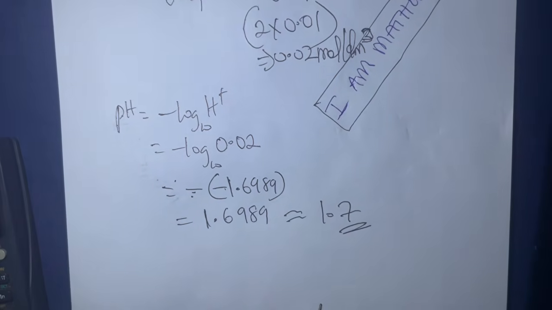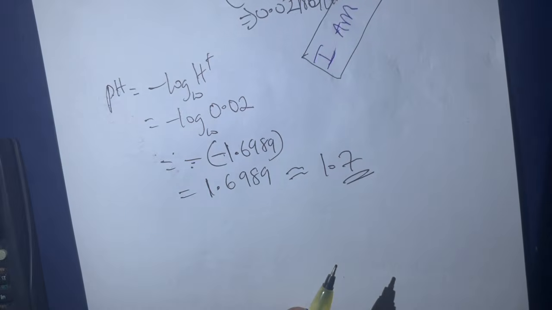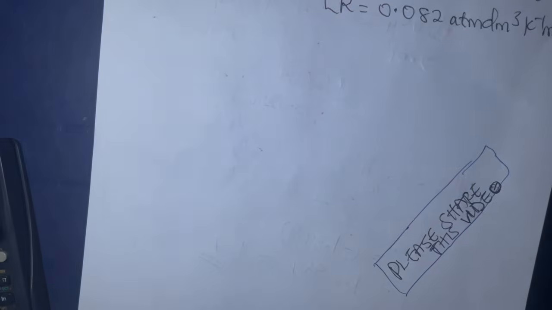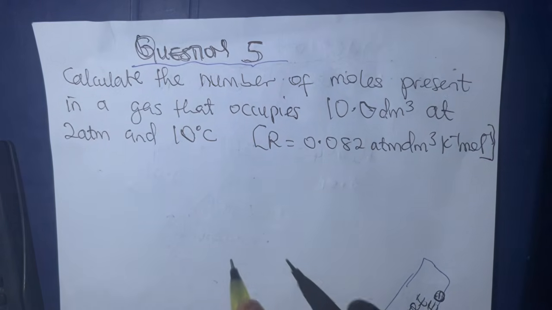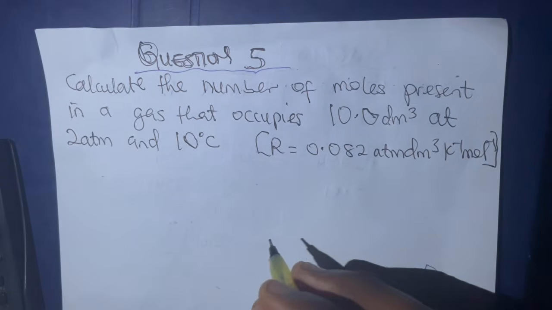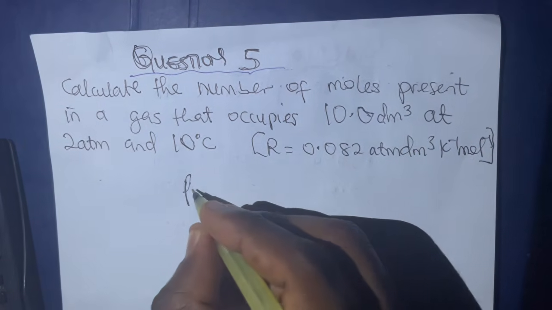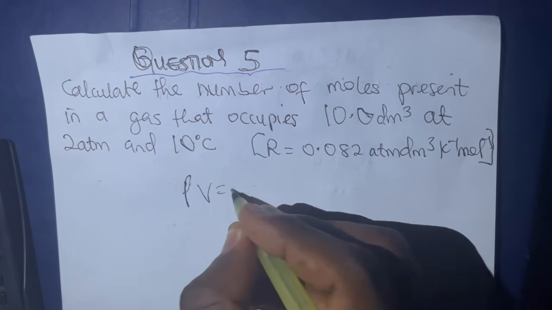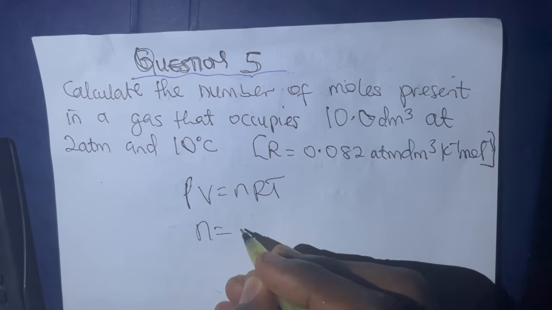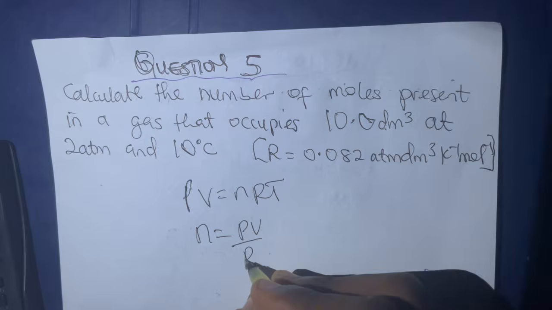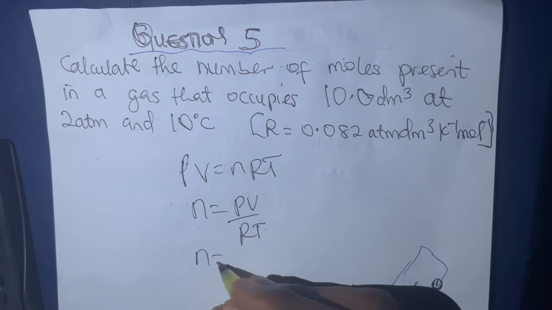Now let's move to question number 5. That says we should calculate the number of mole from this. Looking at this, it is the ideal gas equation, PV equals nRT. We are asked to look for n, so n equals PV over RT. What's our pressure?